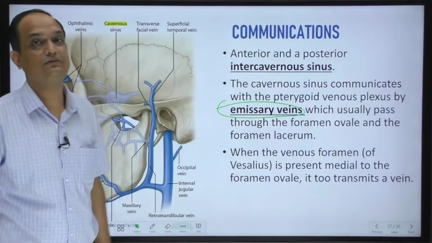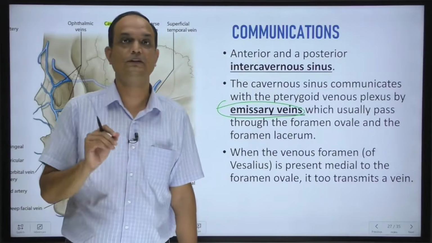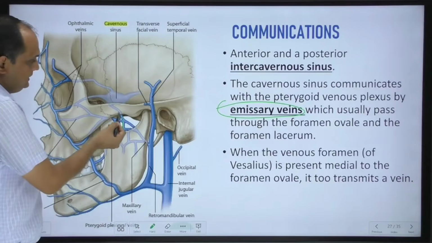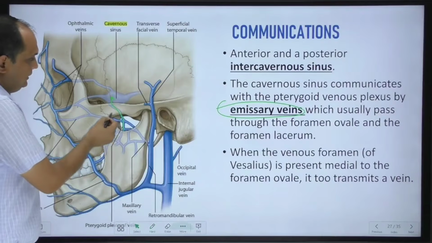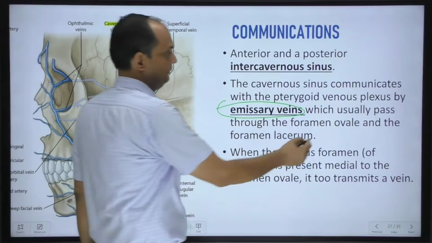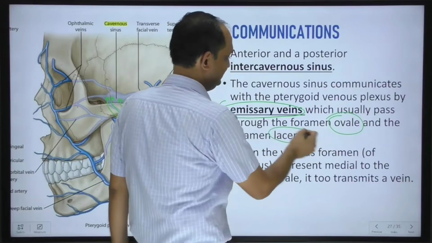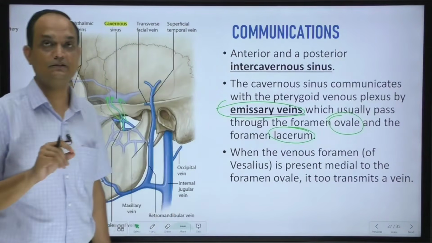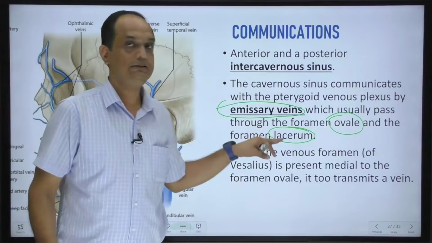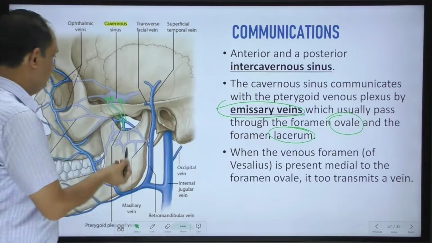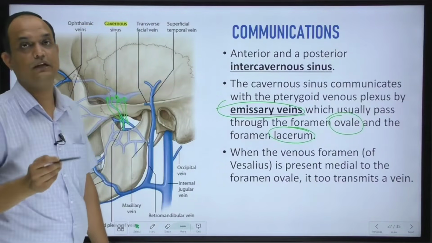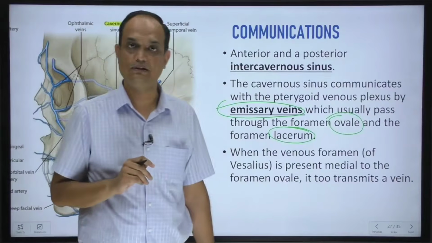If you remember the class on the dangerous area of face, we have seen that there are a few veins, and these veins are entering into the cranial cavity through three foramina. One is known as foramen ovale, another is foramen lacerum, and third is foramen Vesalius, which may or may not be present. And when this pterygoid venous plexus drains into the cavernous sinus, it is a source of infection that we have discussed in the dangerous area of face.